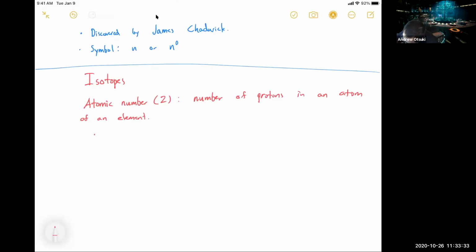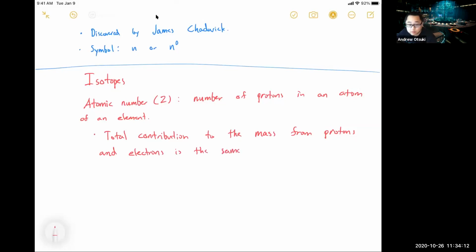So what we want to pinpoint here is that the total contribution to the mass from protons and electrons is the same for every atom of the element.